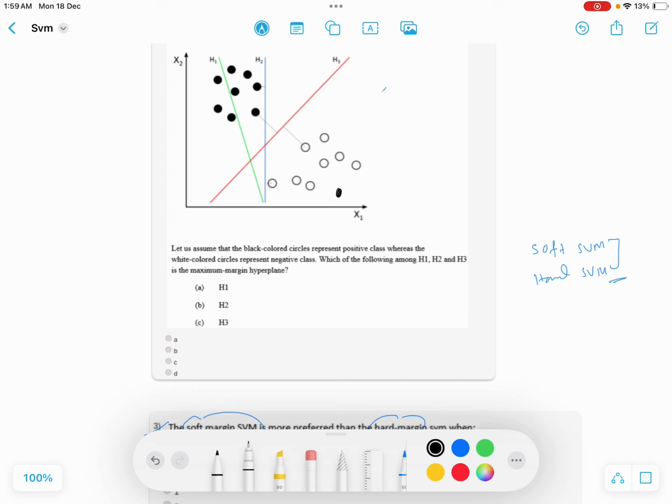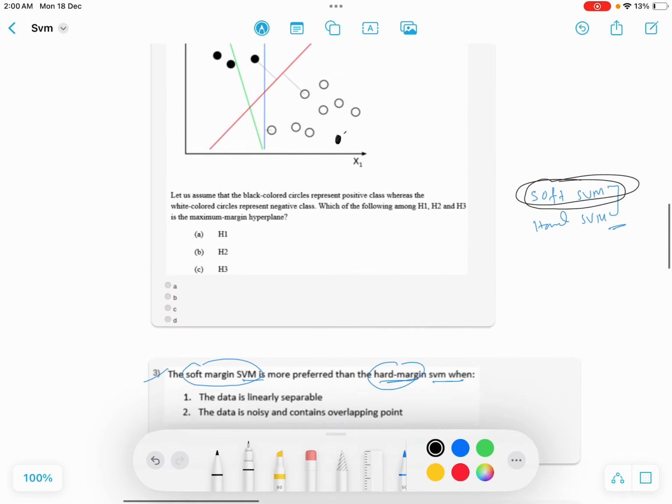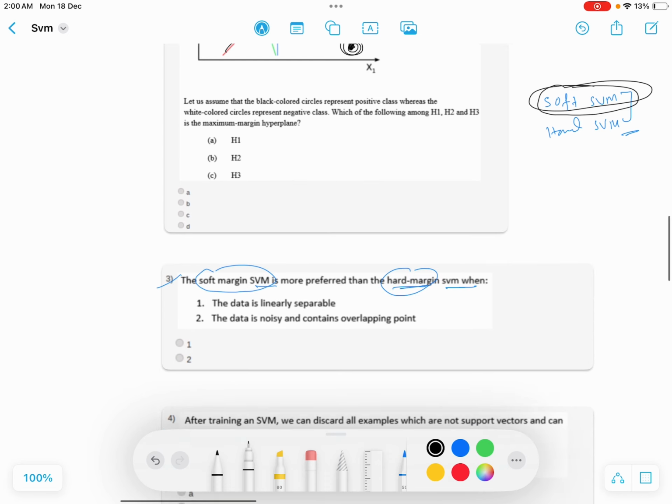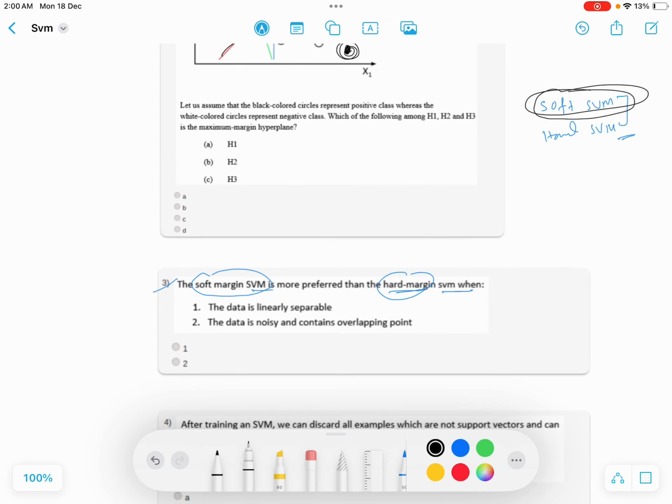In this example, if we are allowing the soft model, if we are allowing the misclassification, that is what we call the soft margin, right? And for this you see that this point has been misclassified, although this is your hyperplane, right? So when will you prefer soft margin SVM over hard margin SVM?